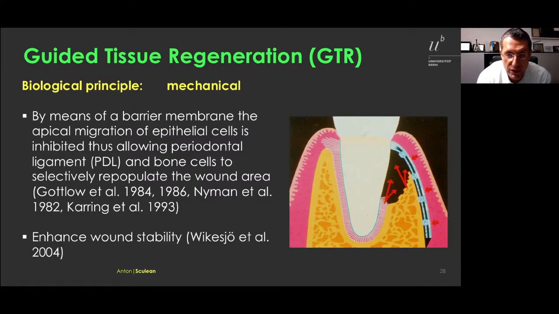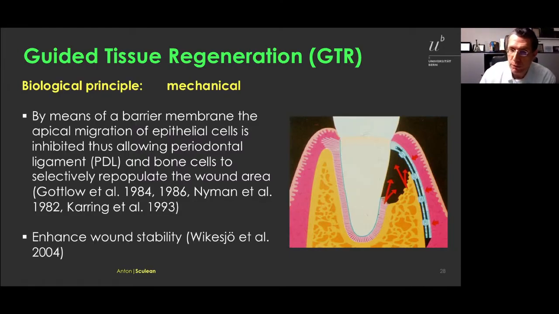So in other words, in a number of studies, it was demonstrated that the cells responsible for periodontal regeneration are located in the intact part of the periodontal ligament, in the apical part of the defect.